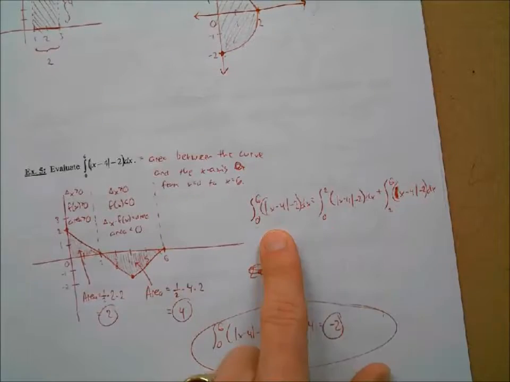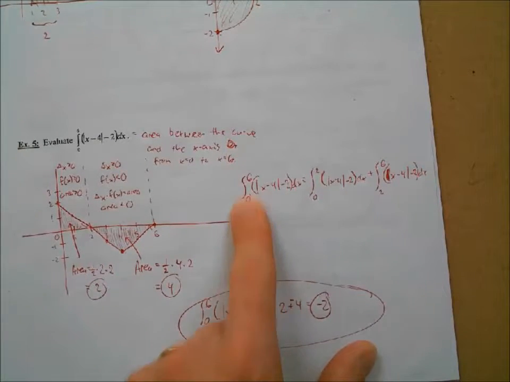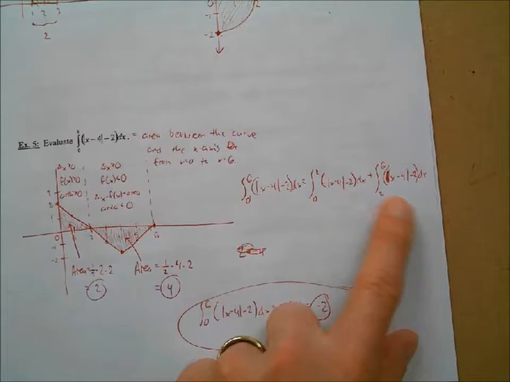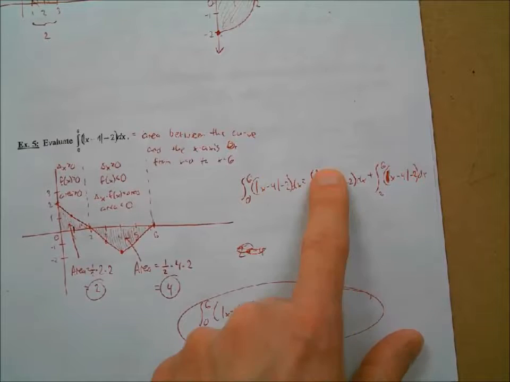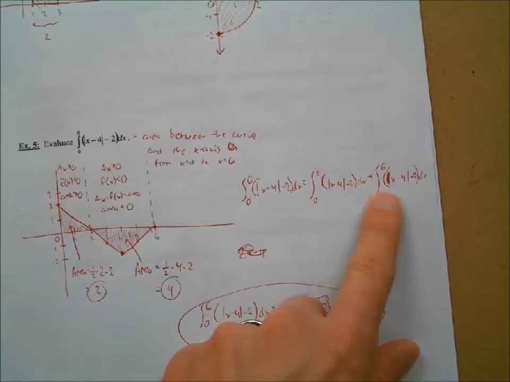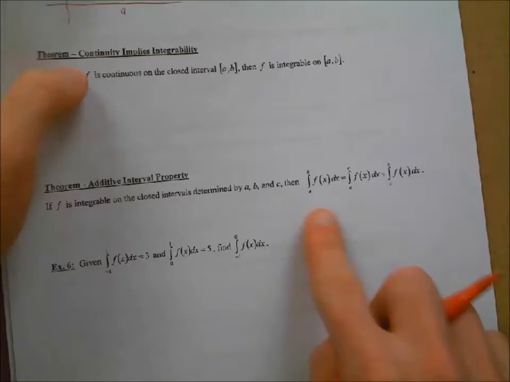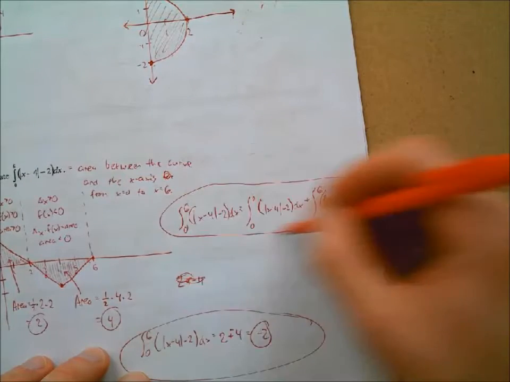Okay, so you can take this one integral that we're trying to evaluate from 0 to 6, and you can break it up into smaller sub-integrals, right? From 0 to 6, we just break it up from 0 to 2, 2 to 6. Adding those two together gives you that right there, okay? Which is what this says right here, okay? So this is another way of thinking about that earlier problem that we did right here, okay?